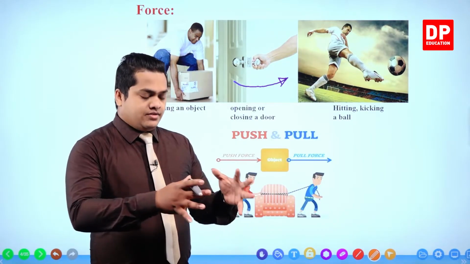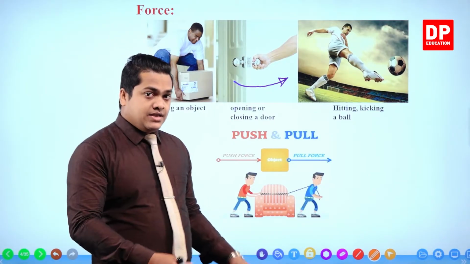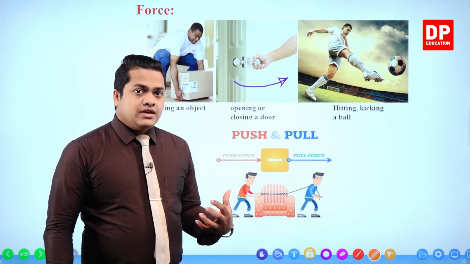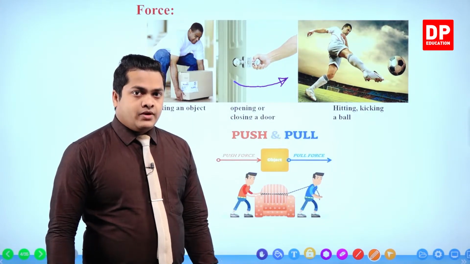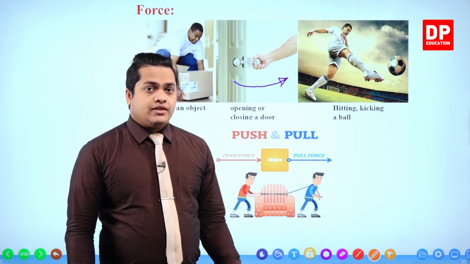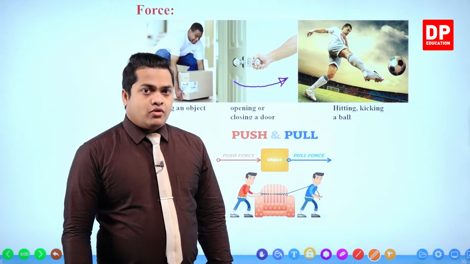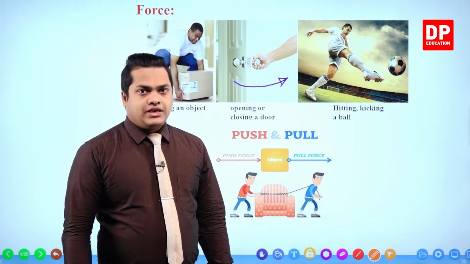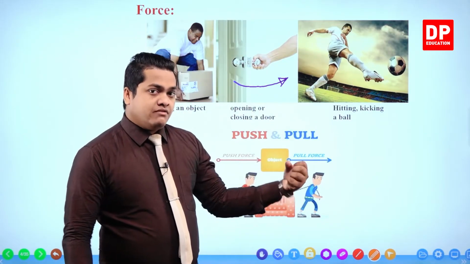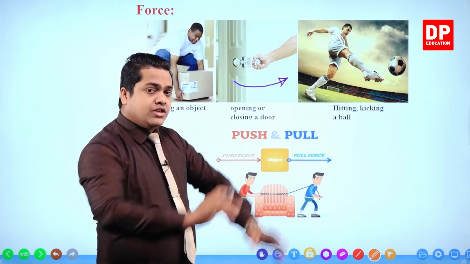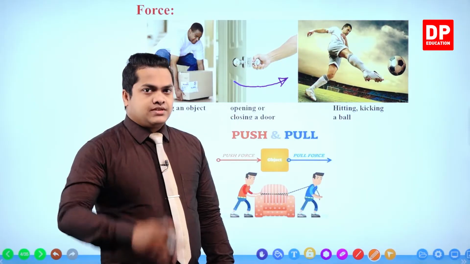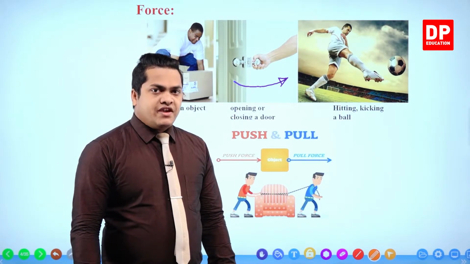Sometimes they can keep the ball in a place like this, then by holding the leg, he can pull it towards the player. But within this figure, the athlete pushes the ball in a certain direction by kicking it. So here it is a push. When pushing like this, the object is moving away from the person.